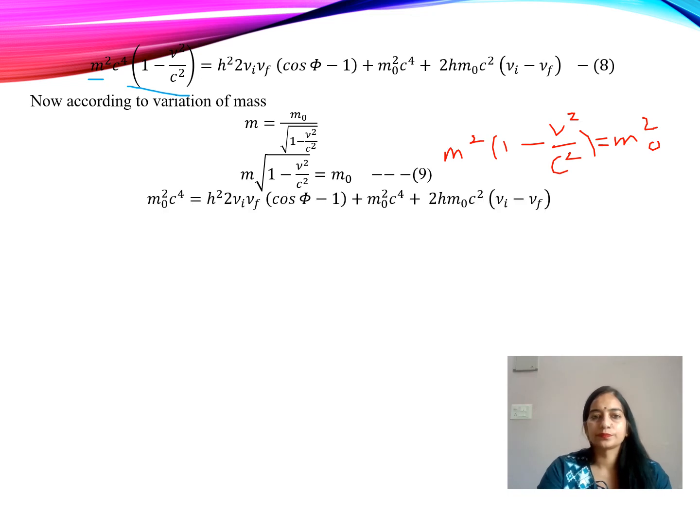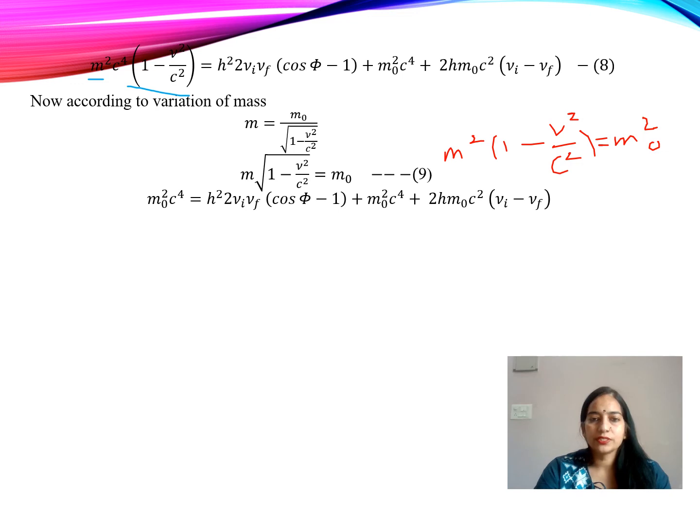So m naught square c to the power 4, h nu square 2 nu_i nu_f (cos phi minus 1), plus m naught square c to the power 4, plus 2h m naught c square (nu_i minus nu_f).